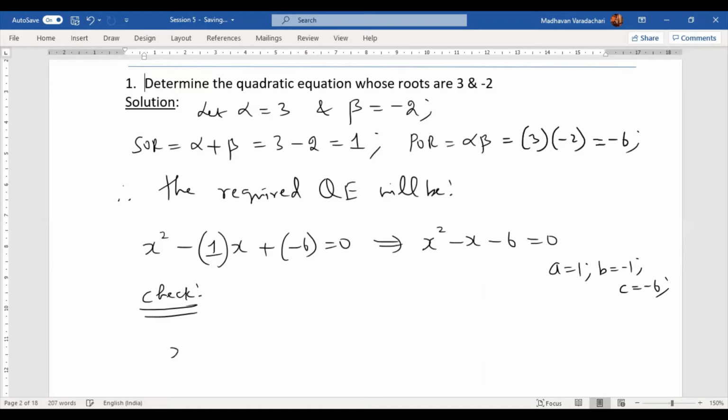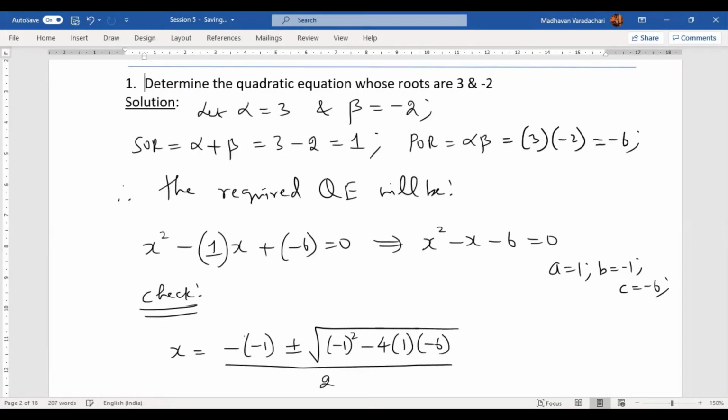So we know the formula is x equal to minus b, minus of minus 1, plus or minus square root of b square, minus 1 square, minus 4 into a into c, by 2 times a, 2 times 1.